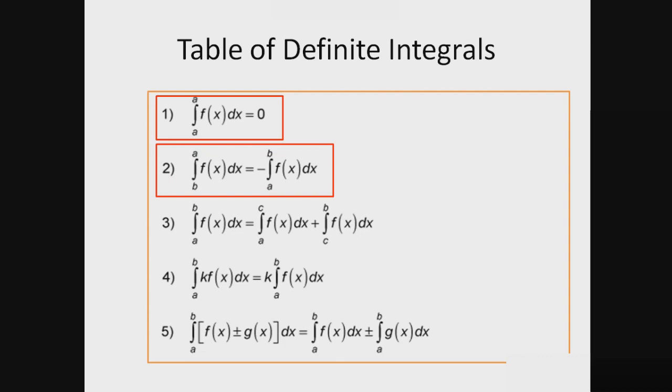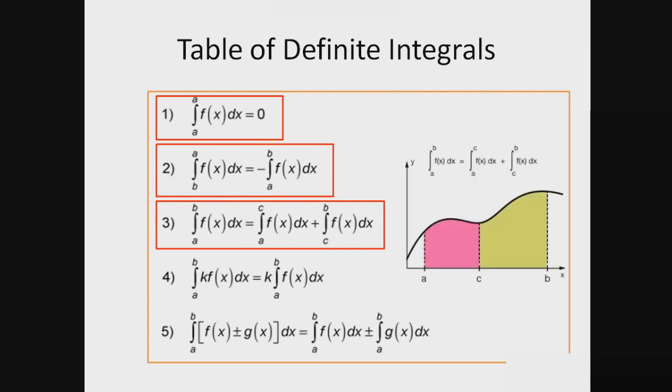The third property is that the integral from a to b is equal to the integral from a to c plus the integral from c to b. To make this clear, let's see an example. In this graph curve, c is in between a and b, so we can use this property because all the values are inside the same function.